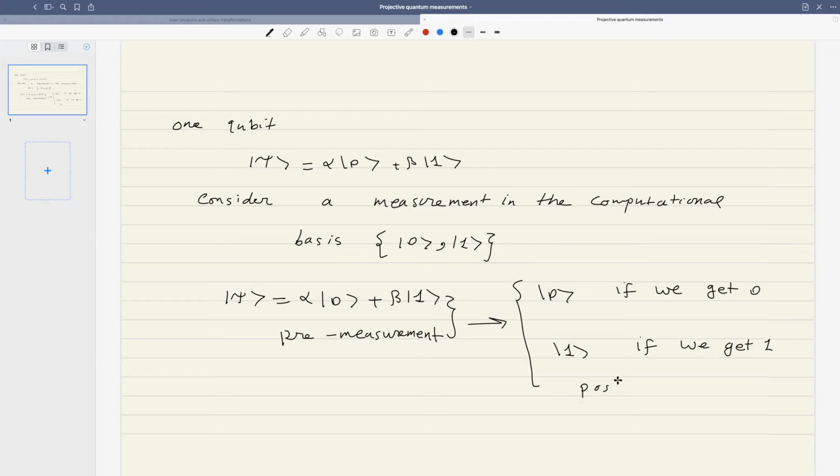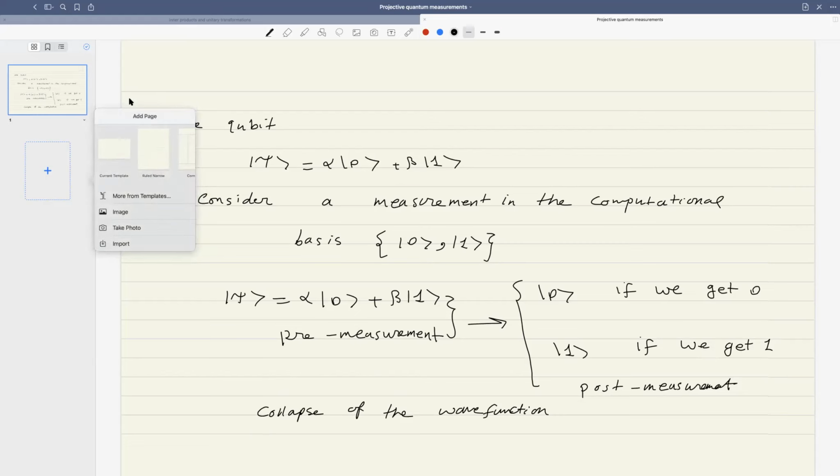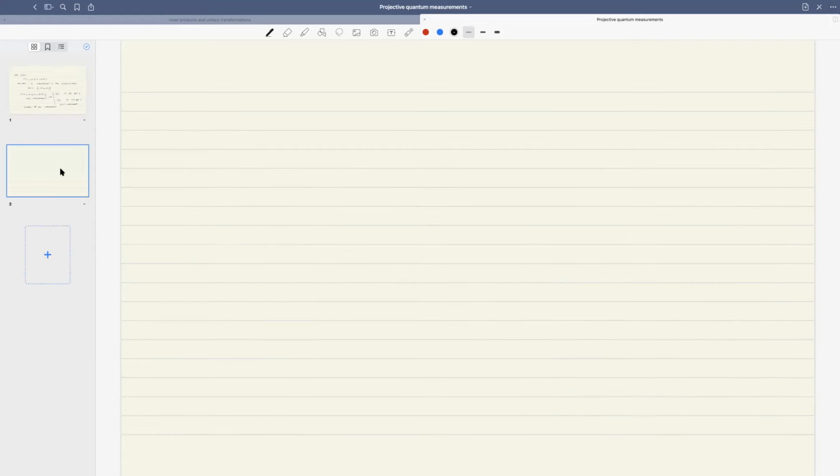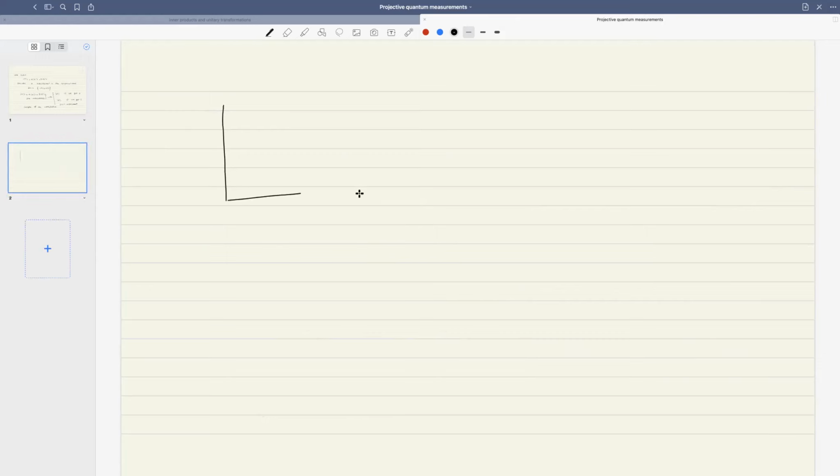And that's post. So a measurement, the idea is that once you observe the system, you change its state. And this is called the collapse of the wave function. In other words, you have some wave function that's a superposition, and then it gets projected onto one of the basis states.